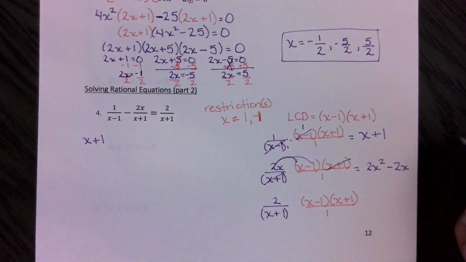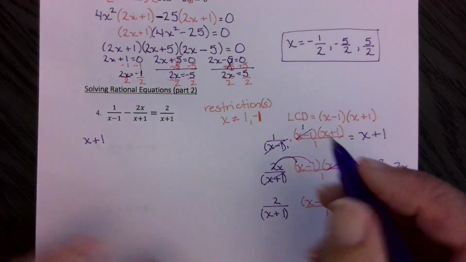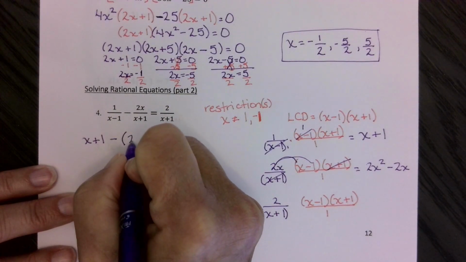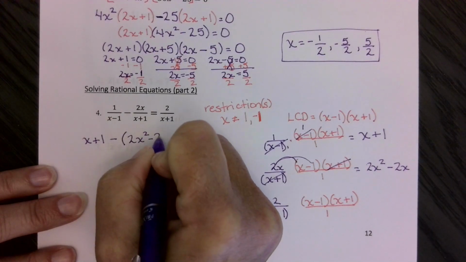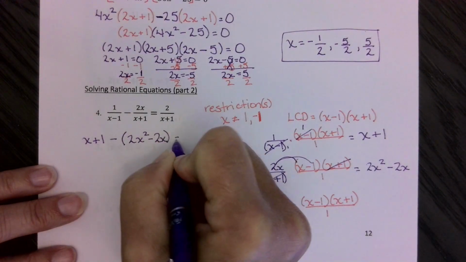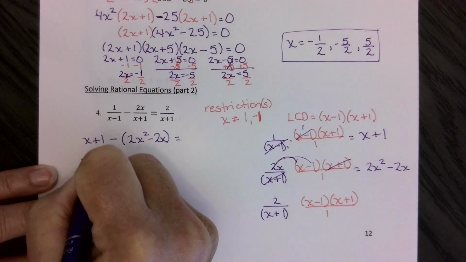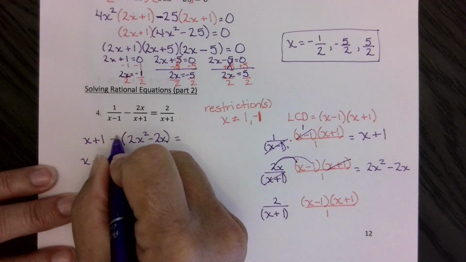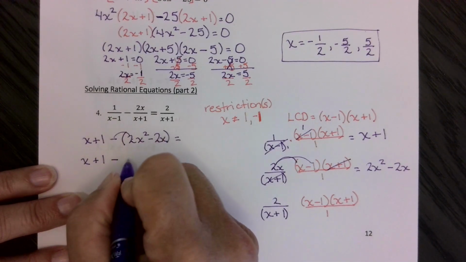Now, if I was working this, what happens is you have minus that 2x squared minus 2x, and then we're not done. But what's going to happen is when you have a minus sign outside of that, everything changes. Negative times a positive gives us a negative.